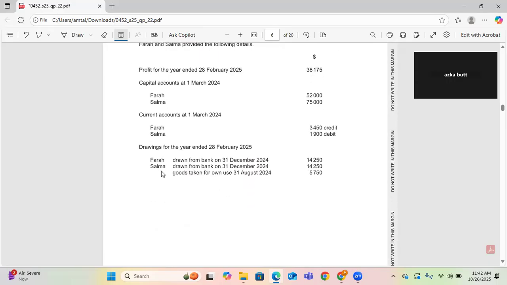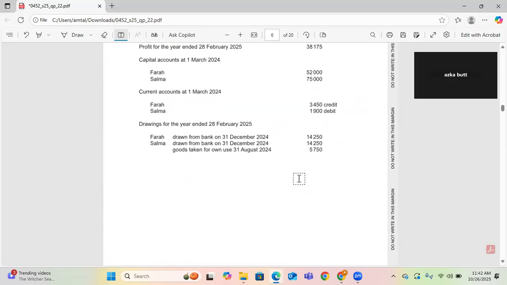Yeah, as you can see, drawings for the year ended 28 Feb 2025. Farah drew from the bank on 31st December 24. Salma drew from the bank 14,250, equal drawings basically. Goods taken for own use on 31st August 2024, which is 5,750. Okay, so let's find out.